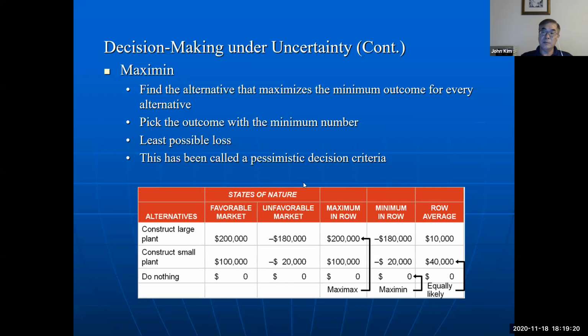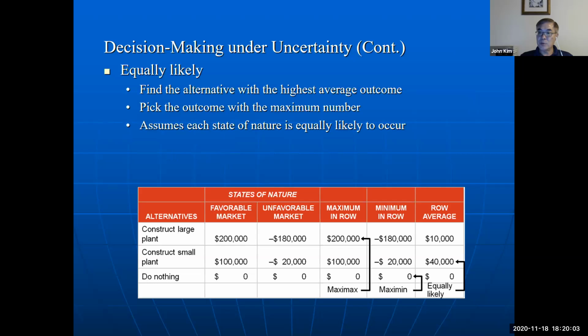And then maximin: if the decision maker has risk-averse characteristics, maybe use maximin, the maximum of the minimum. Among the minimum outputs, take the maximum. So if we use the maximin method, then do nothing is the decision. Choose this one.